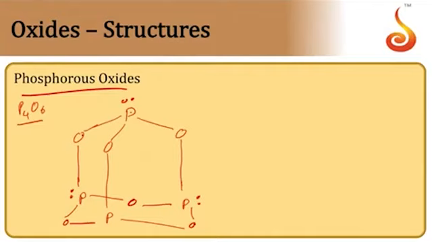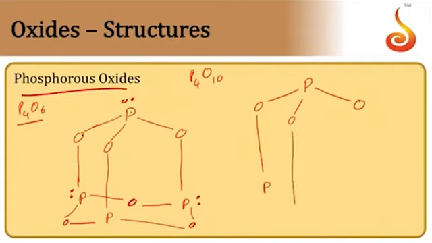When you take phosphorus pentoxide, which is P4O10, we have a similar structure: phosphorus, oxygen, and phosphorus atoms here, with a POP bond between each pair.